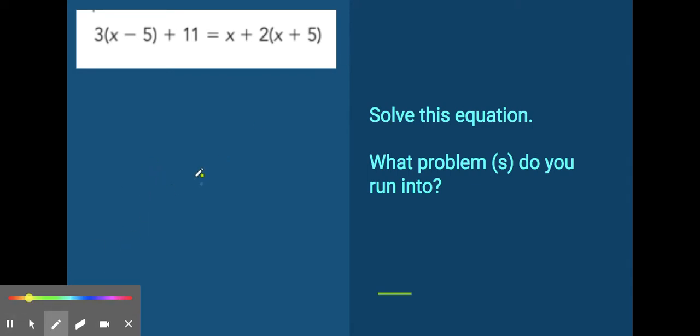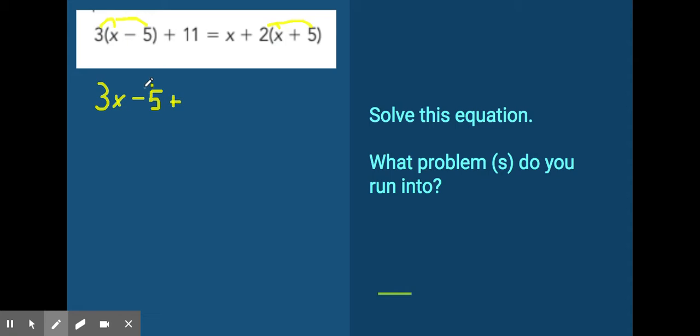All right, so now we're going to work this problem here. Okay. Again, I'm going to start by distributing out the 3 and the 2. Okay, so I'm going to end up with 3x minus 5 plus 11.